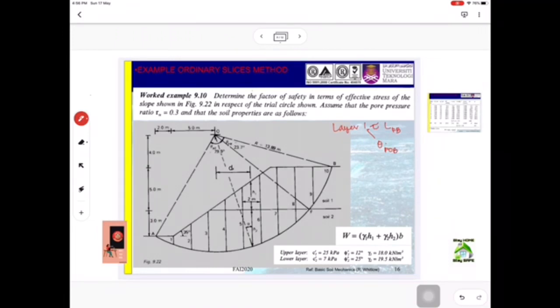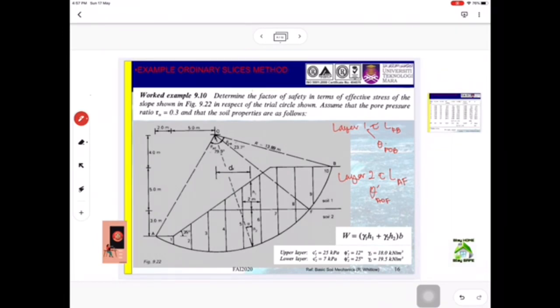Okay, theta is FOB. And for layer 2, the strength is along length AF, and the theta is AOF.